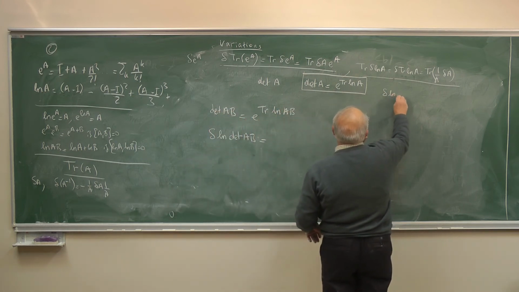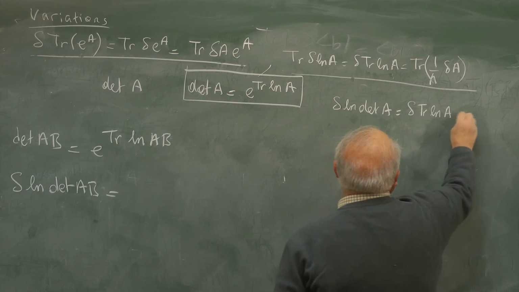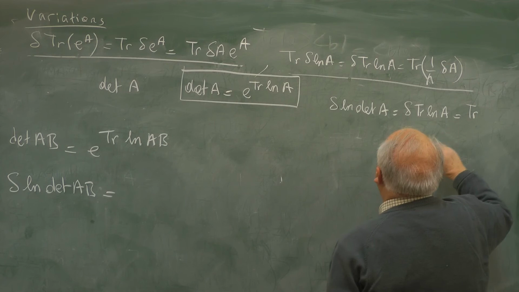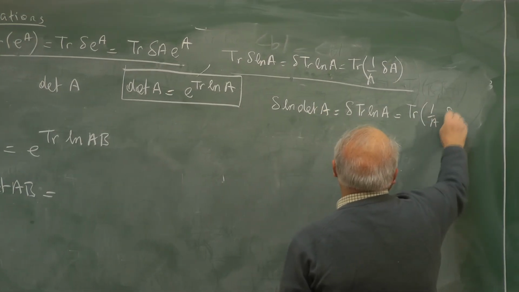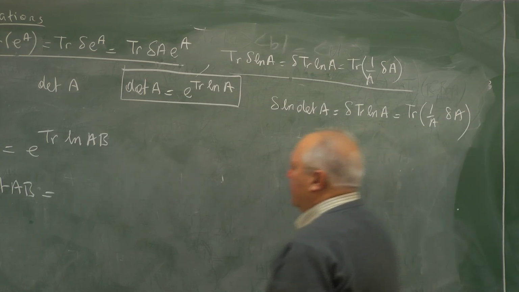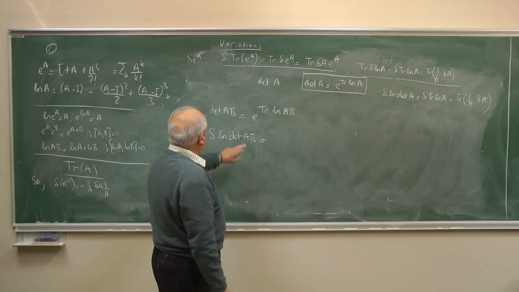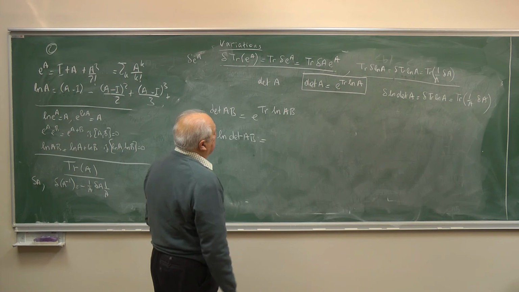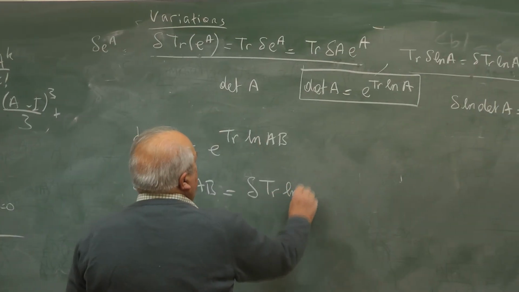Delta of log determinant A was delta of trace of log A, which is trace of, from here, 1 over A delta A. So delta log determinant AB is equal to delta trace log AB.